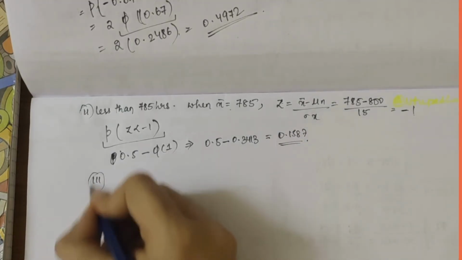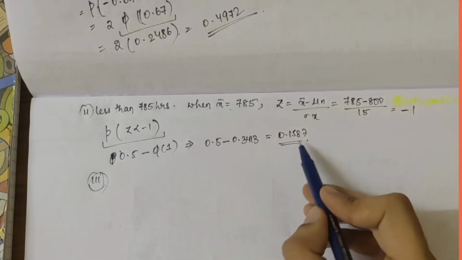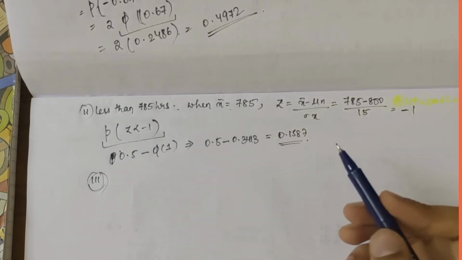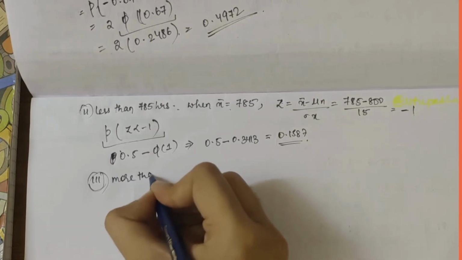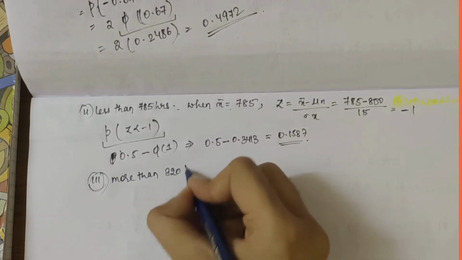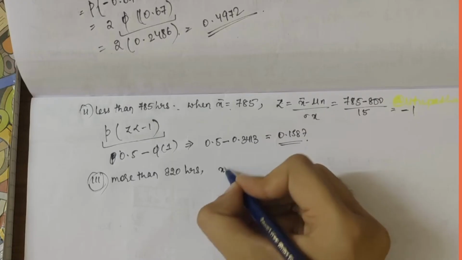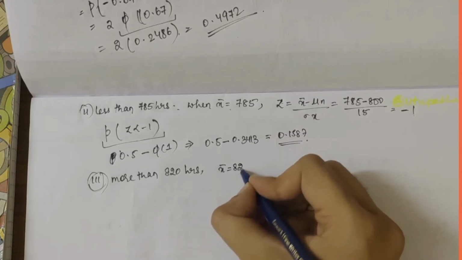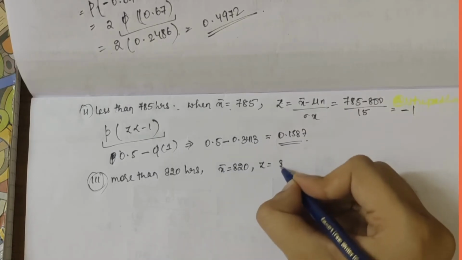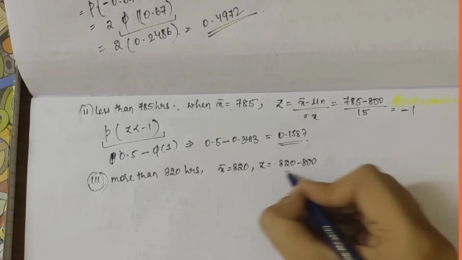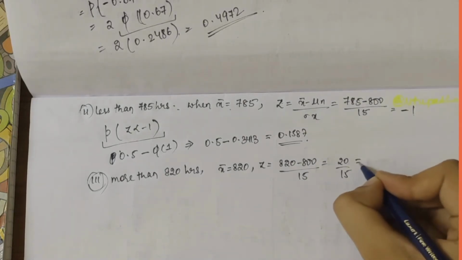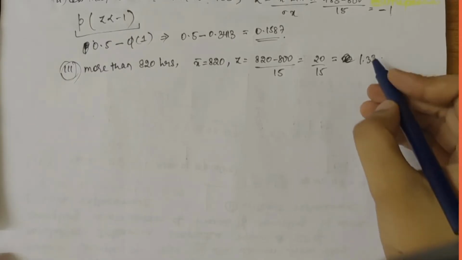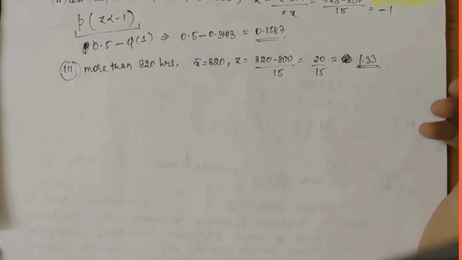This is for less than 785 hours. The next part says more than 820 hours. So more than 820 hours means x bar is 820. So z value is 820 minus 800 by 15. If you solve this, 20 by 15, you get 1.33.